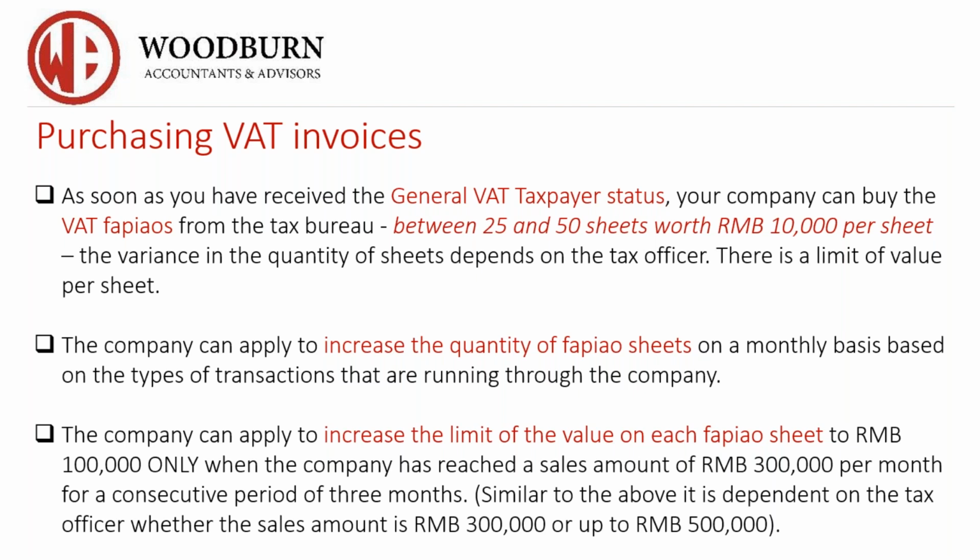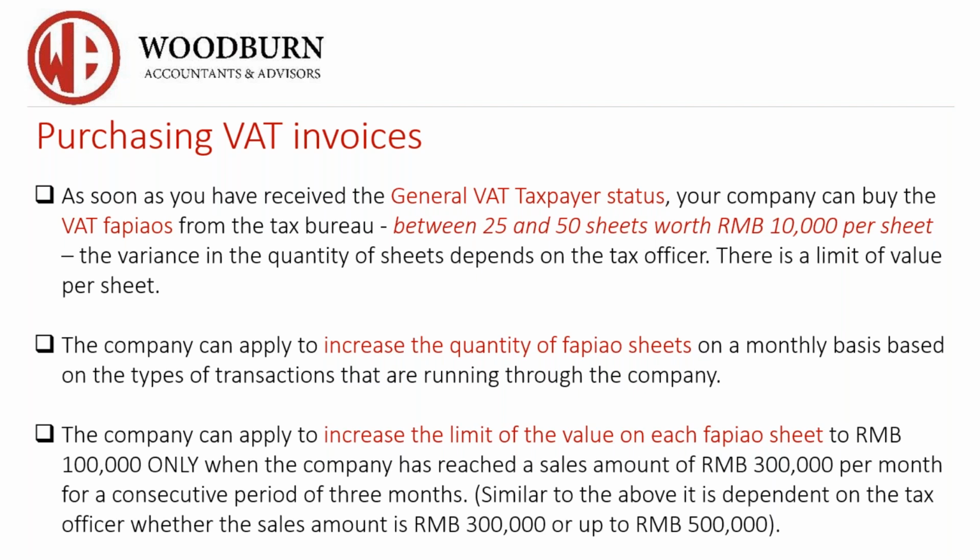If you're going to be issuing an invoice for 36,000, you're going to have 3 sheets with 10,000 and then 1 sheet with 6,000, okay? So that's how it works in terms of the VAT Fapiaos that are then issued to your customers.